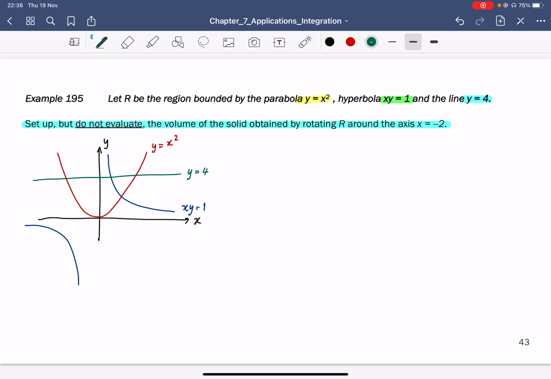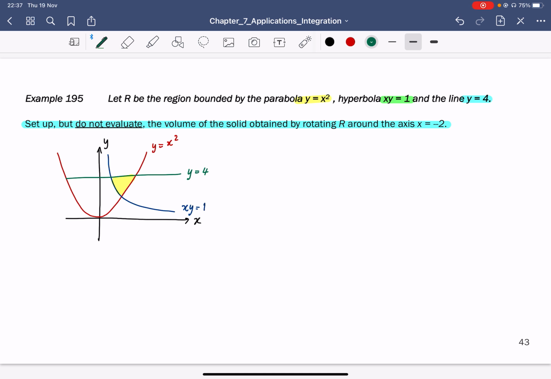So you can see that you can focus only on the first quadrant, right? Because the region bounded by the parabola, the hyperbola, and the line is just the one that I highlight in yellow. So this is going to be the focus region that we want.